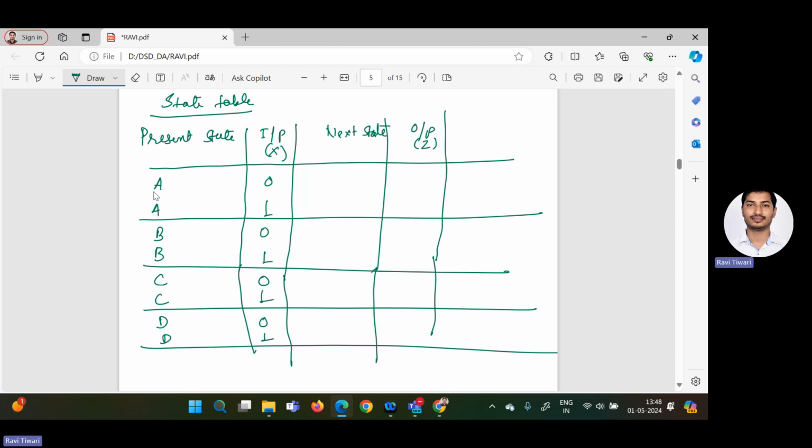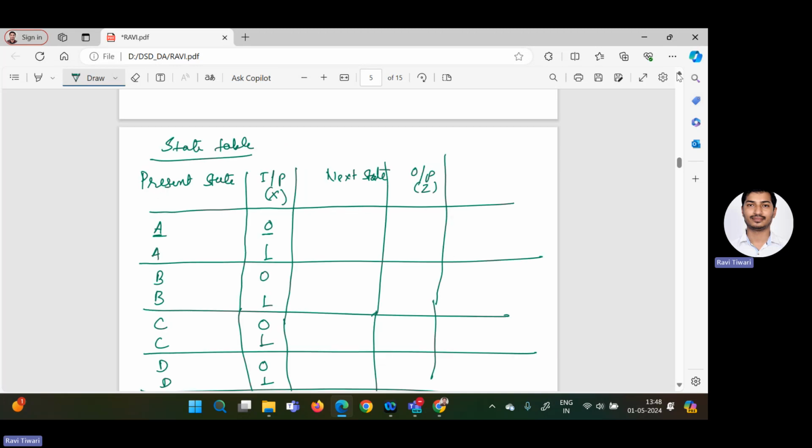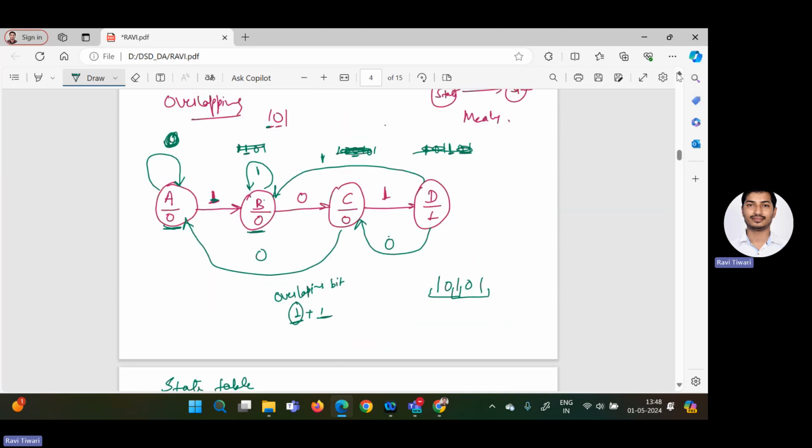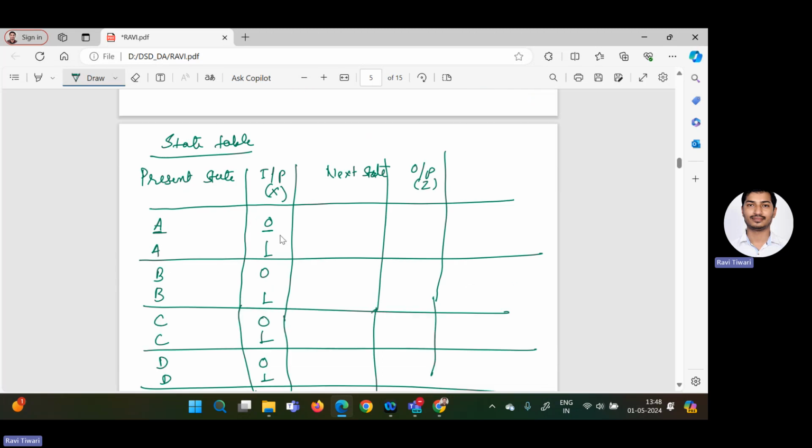Now, if you are in state A and you are getting 0 as an input, what will be the next state? See here in the state diagram, if you are in state A and you are getting 0, you will remain in the same state A. And if you get 1, you have to move to the B state, right? So here you write down A, B. If you are in state A and you're getting 0 as an input, the next state will be A only.